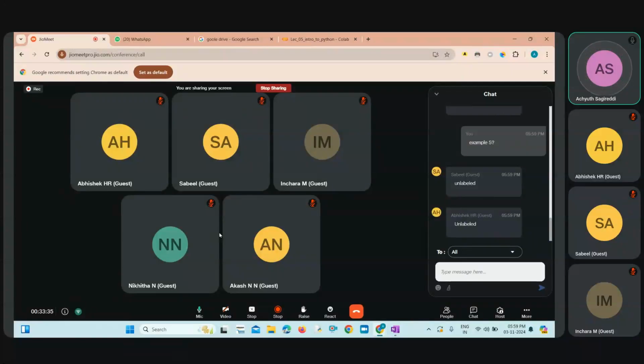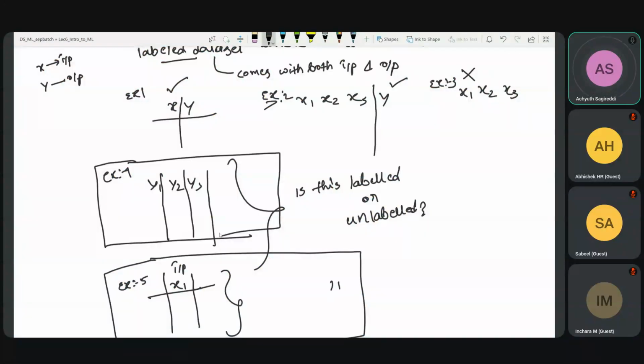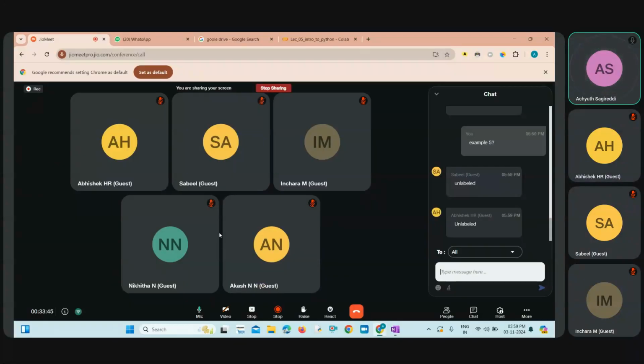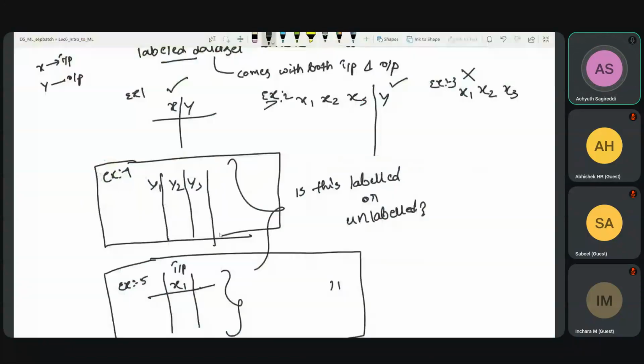Abhishek, is this labeled data set or unlabeled data set? Example 4. Yeah, unlabeled data, exactly. I hope you guys have clarity on labeled and unlabeled data, right?